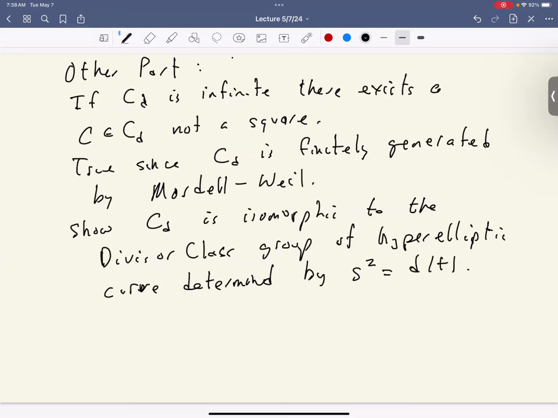So I'm assuming this d is square free and monic, and it's defined over this number field. So we have this hyperelliptic curve, and in general the degree of d is odd. I'm assuming that.